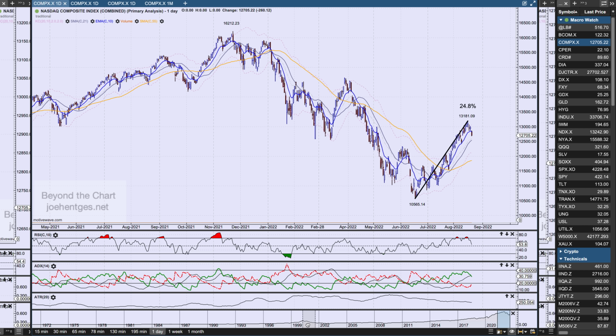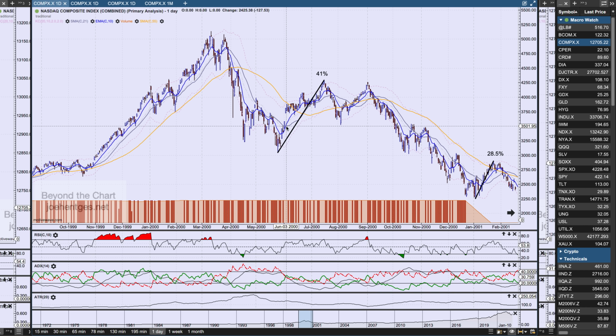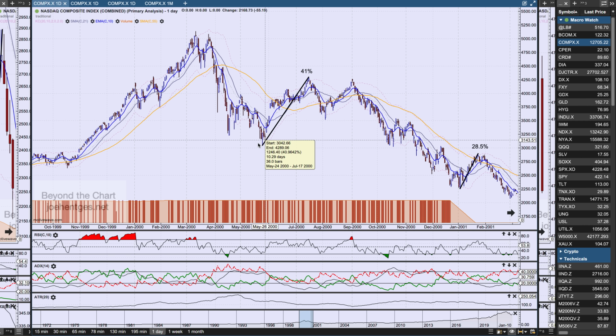Let's go back over here to 2000, and you're going to see several moves down. Look, here's the March 2000 into the May 2000 low. That's only 2 months. It was very dramatic. Yeah, it fell right out of bed. 41% rally in less than 2 months, from intraday low to intraday high.